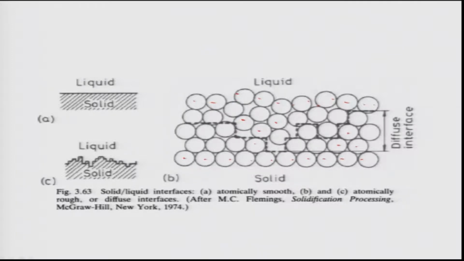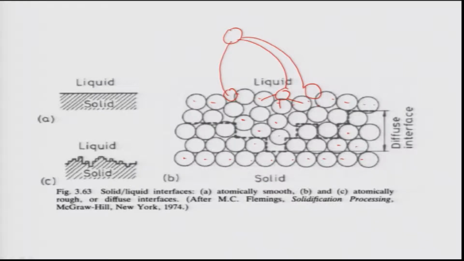When you have such a kind of interface, you can clearly see that if there is an atom in the bulk of the liquid, and the atom needs to jump and join the solid, it can come and sit over here nicely, or over there nicely, and then satisfy its bonds. One, two, three bonds can be satisfied, right? Then slowly this atom can migrate because it is at very high temperature, because the surface is in contact with the liquid.